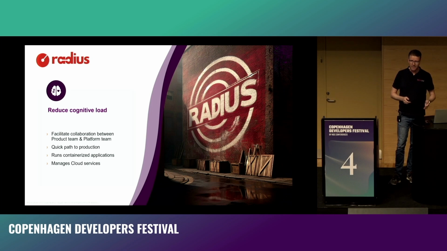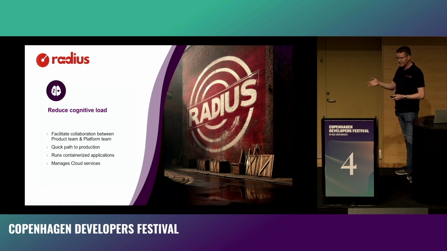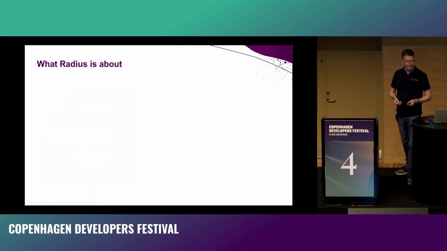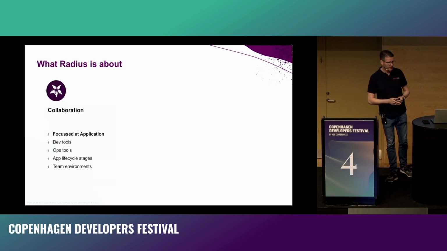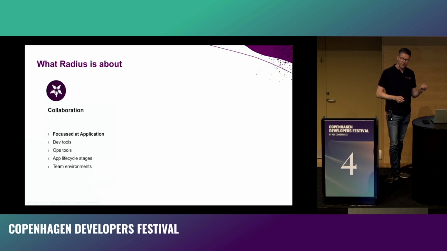And in essence, it is just a platform that will run containers for you. Additionally, it can also manage cloud resources for you. And don't worry, I will definitely zoom into every one of those parts. So let's first visit that collaboration bit.